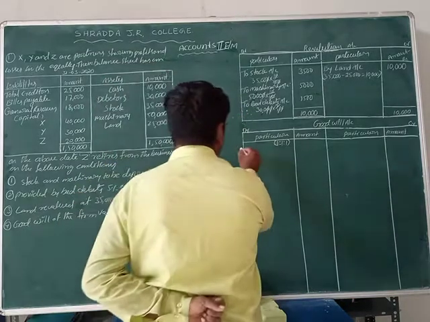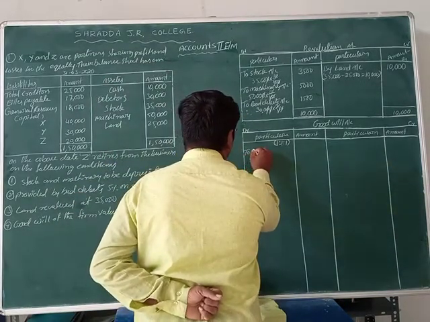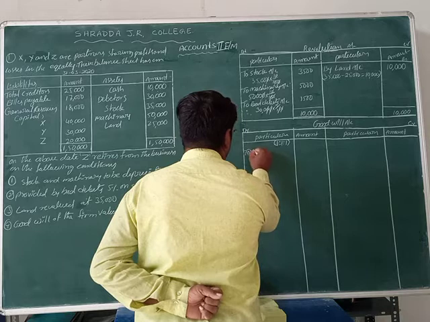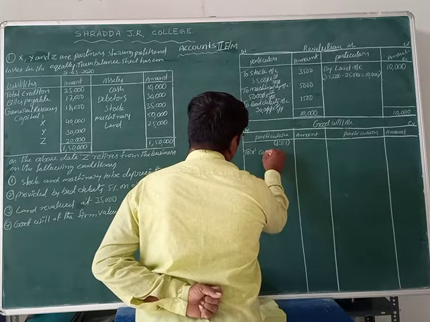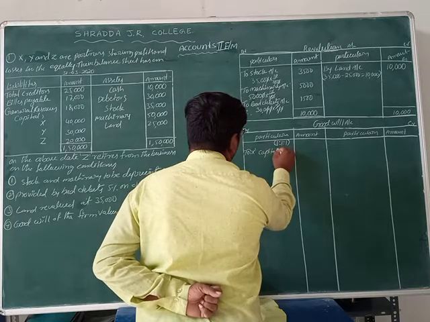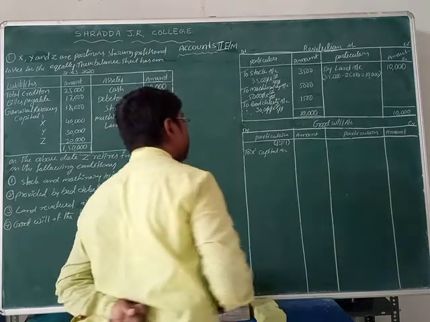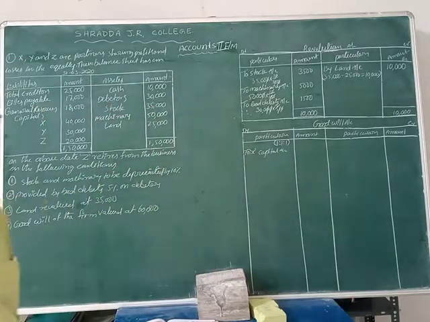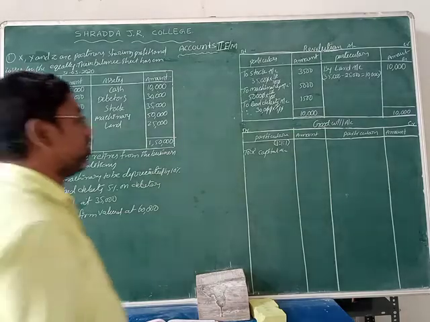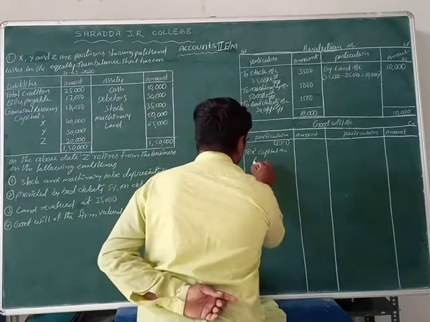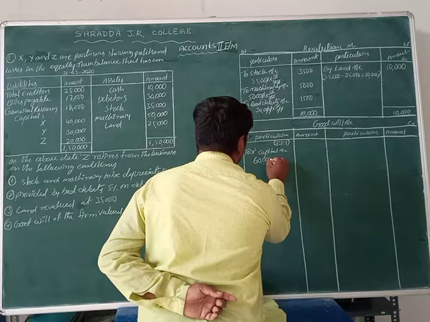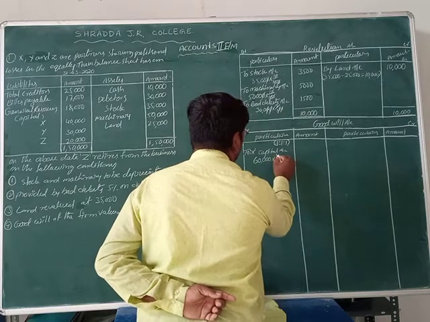Okay, now we can write X capital account. Students, what is the amount of goodwill here? We can value it at 60,000 rupees. So we take 60,000 rupees at the rate of the 1 ratio.